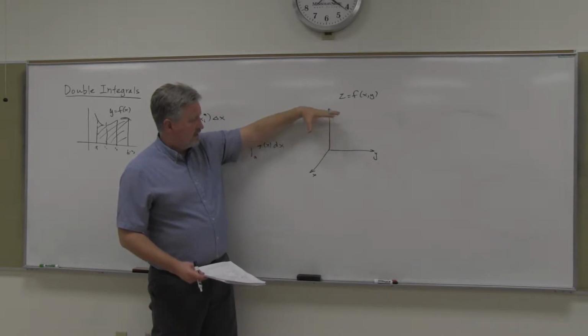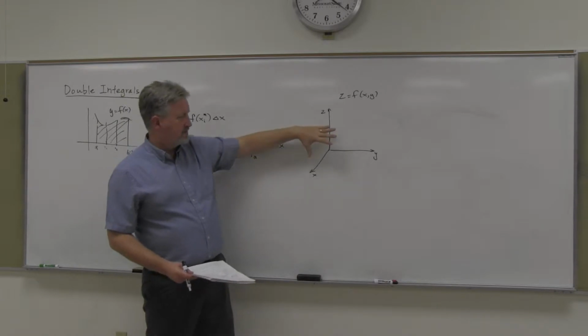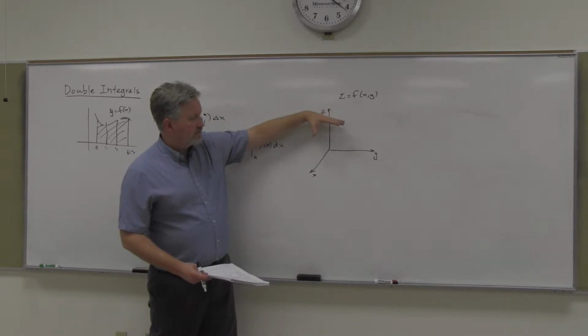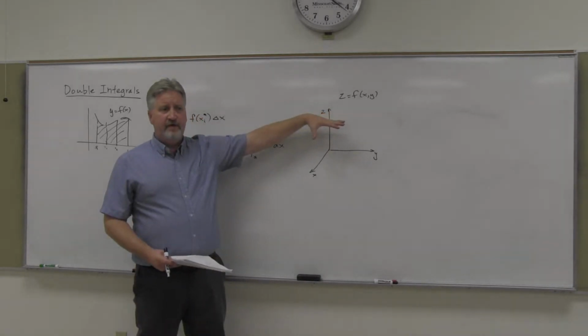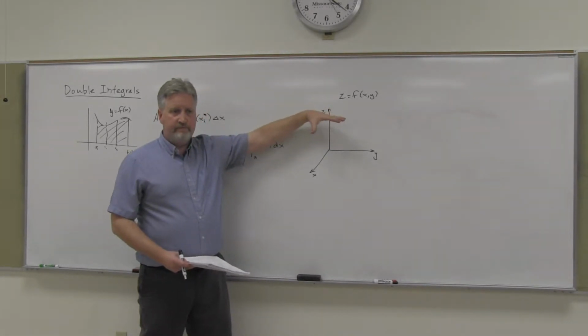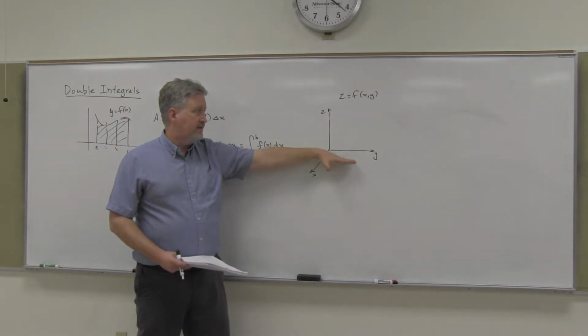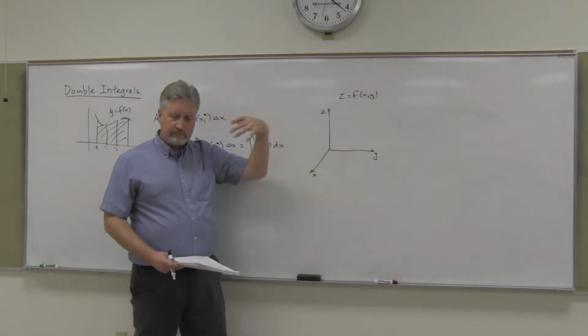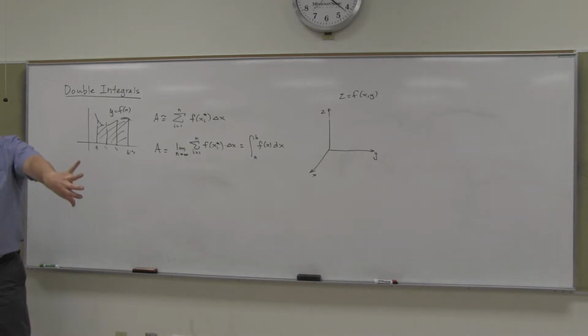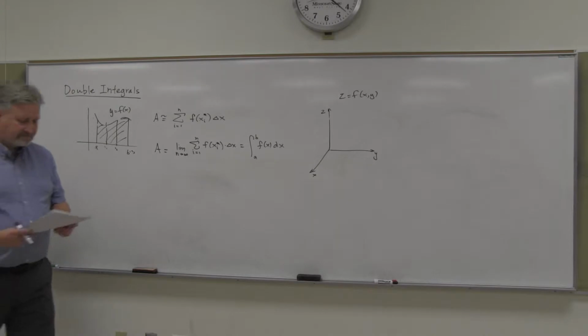It turns out we can figure out the volume from the shape, wherever it is, down to the XY plane. I can figure out this volume, and that's what we're going to talk about here. So instead of talking about area, since we're dealing in 3 dimensions, we're going to talk about volumes.